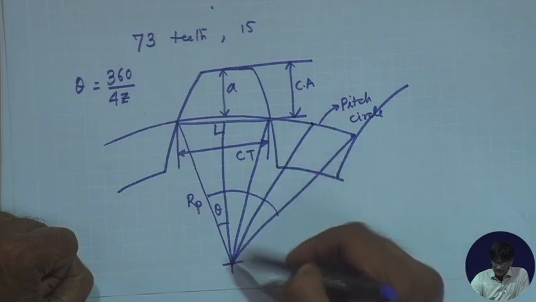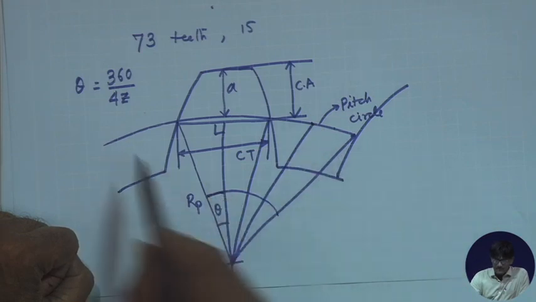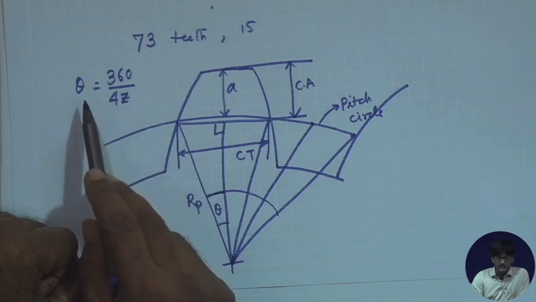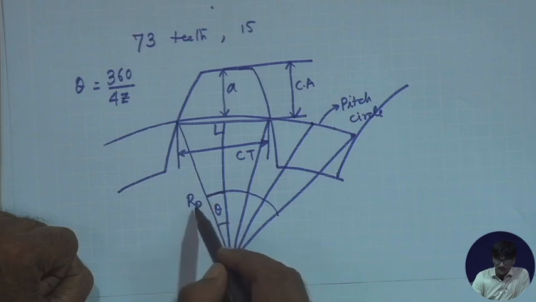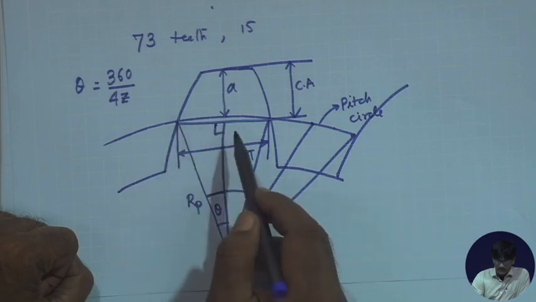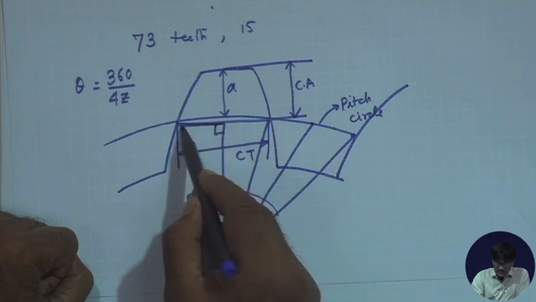Therefore, this is 360 by 4z. Once you know z, you can find out theta. Rp can be found out from module and number of teeth, and therefore, this triangle is completely solvable, so that we can find out this distance.